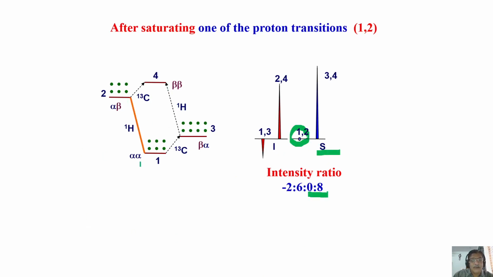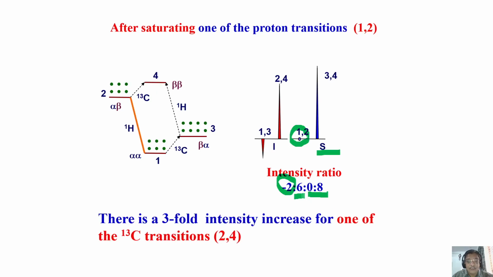What about the carbon signal? Look at it. This is 6 and 10. The difference is minus 2. We are seeing 2 here. What about here? 6 minus 0, intensity is 6. So we saw a 3-fold intensity increase for one of the carbon-13 signals by saturating a proton signal. We saturated a proton transition and saw enhancement in both carbon doublet components.